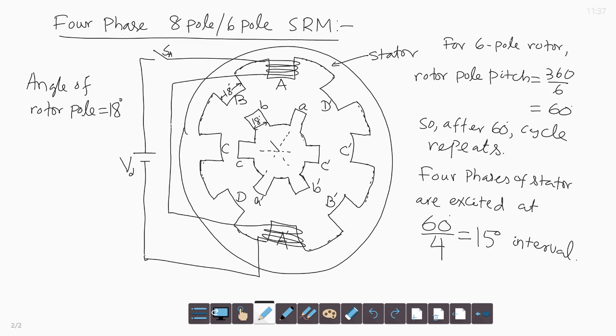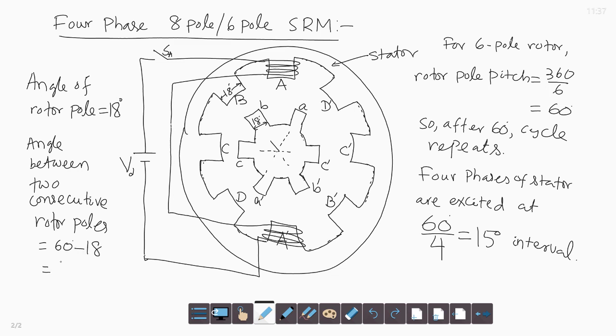And the angle between 2 consecutive rotor poles: if the rotor pole pitch is 60 degree, then the angle between two consecutive rotor poles is 60 minus 18, that is 42 degree, because the rotor pole pitch is 60 degree.